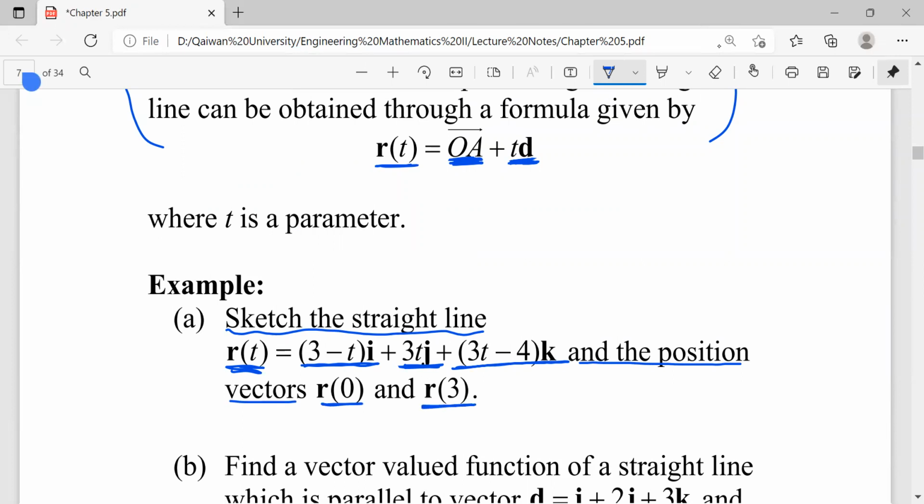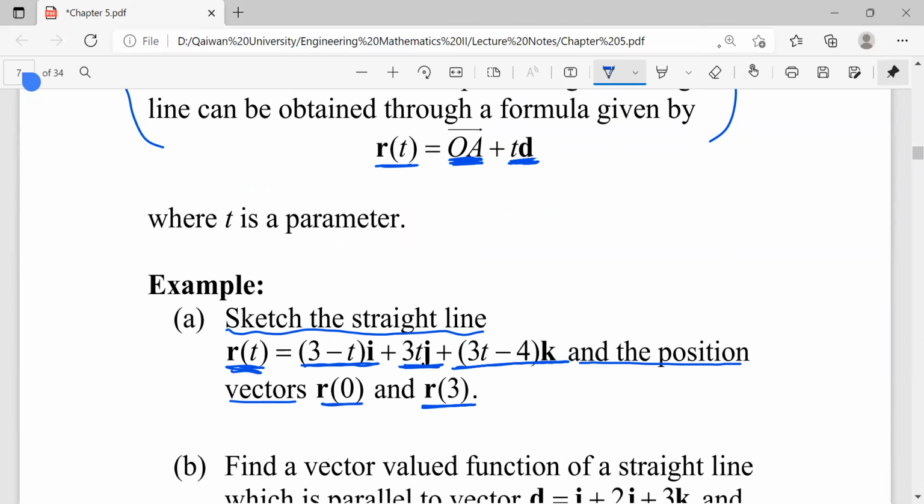Here, we just need to sketch this straight line. For sketching a straight line, we just need to pick 2 points on the line. Then we join them, and we get the graph.